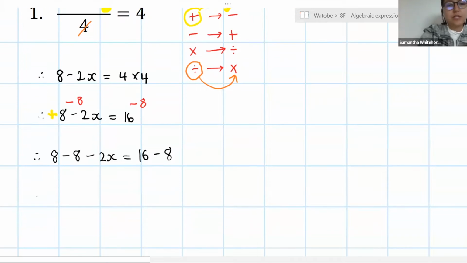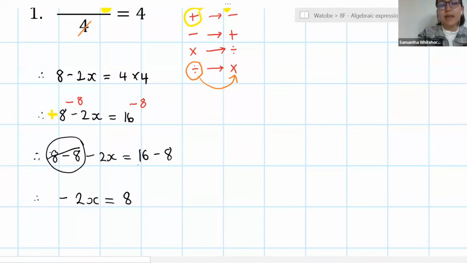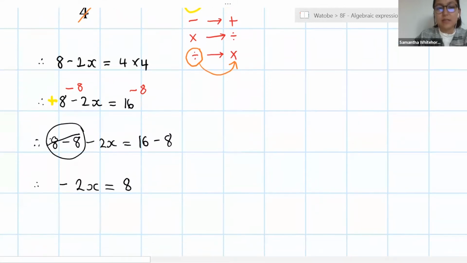But if you want to jump straight to -2x = 8, that's fine as well. Just so that we're clear, 8 minus 8 is 0, so they fall away, and then 16 minus 8 on the right-hand side is 8. So that's where I got the next step of -2x = 8.